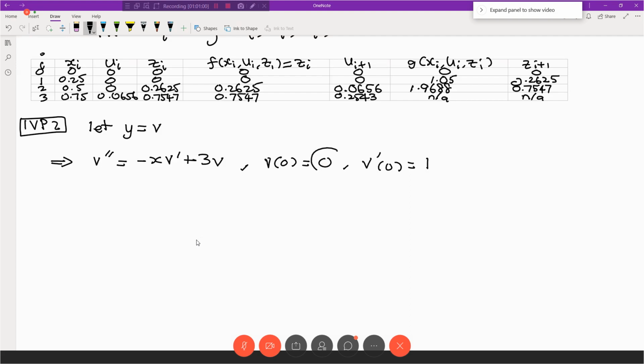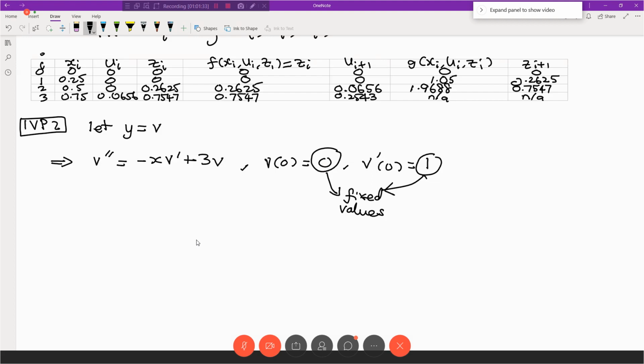So once again, these two values are fixed. For all boundary value problems, when you want to use the shooting method and reduce into IVP1 and IVP2, for IVP2 the value here is always 0, and this one always 1.